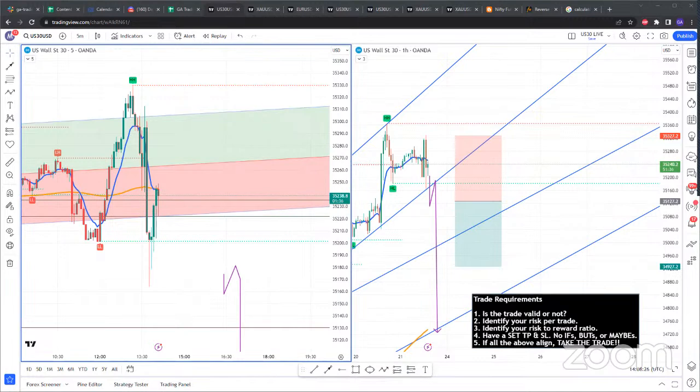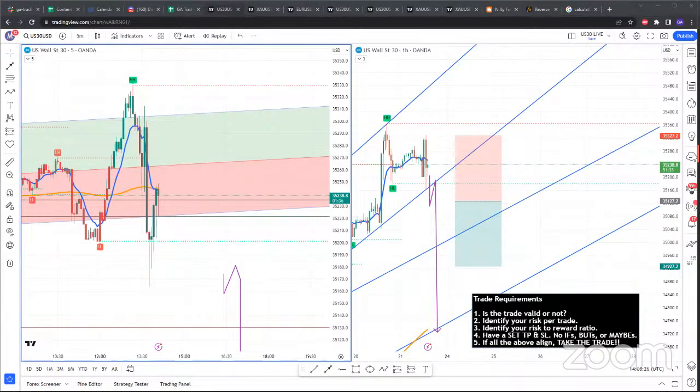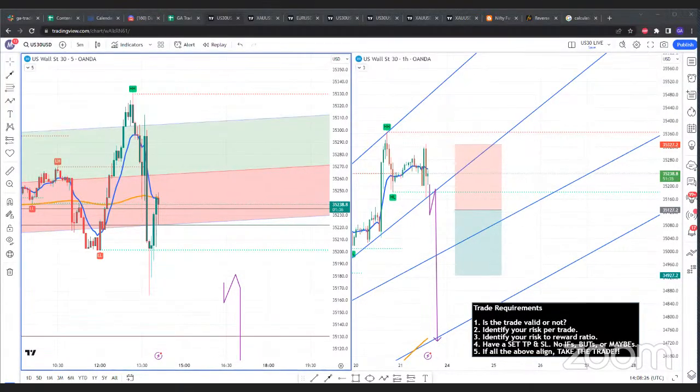Trading days. This is what I was looking for right there. Okay, perfect. I'll just take a screenshot of this real quick. All right, so this is the account.